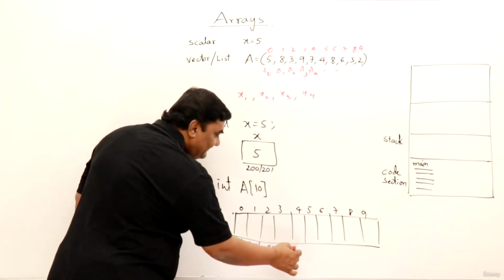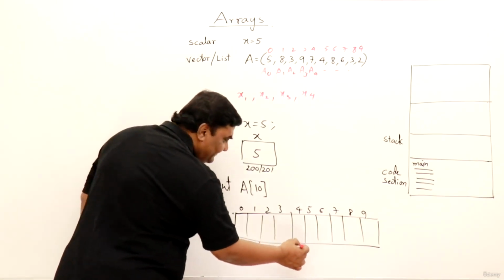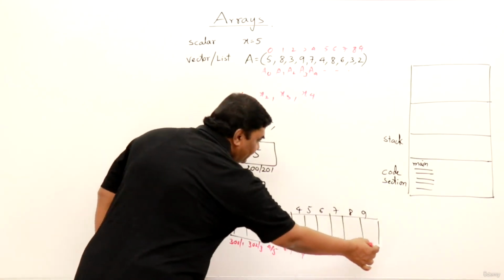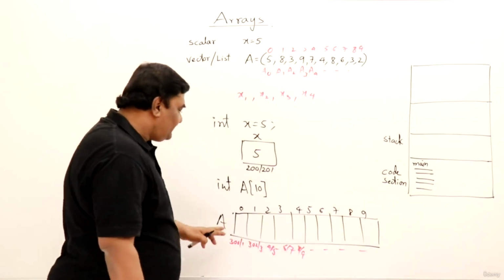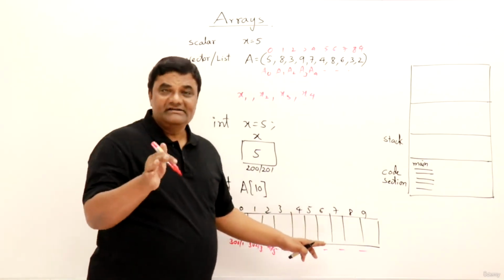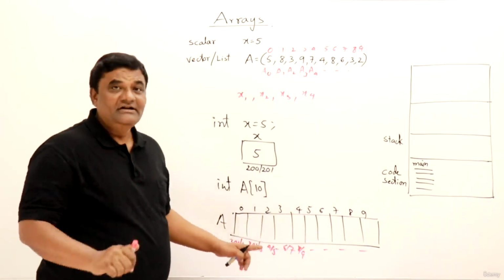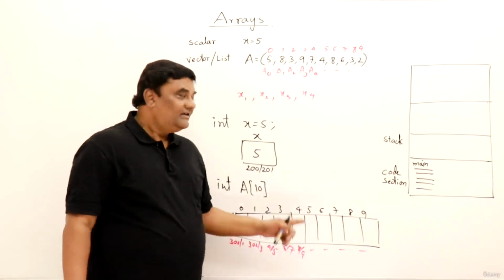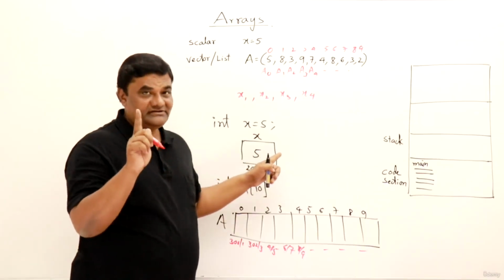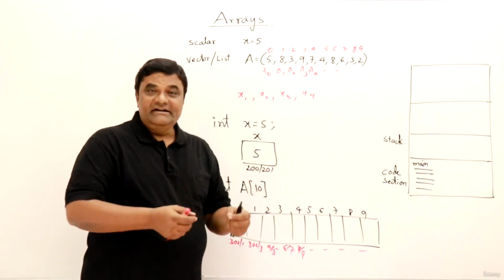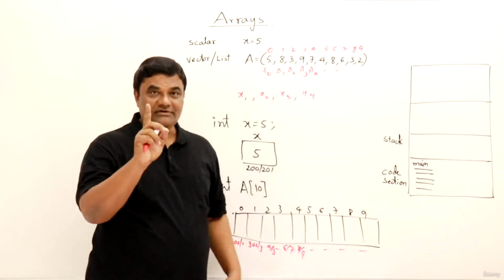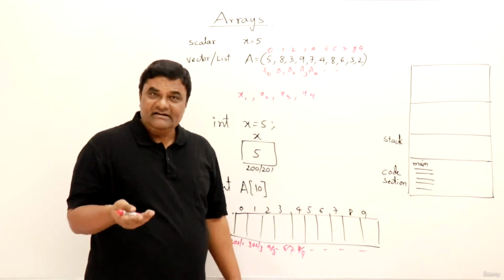And this is 306 and 307. 308 and 309 goes on. So in total how many bytes is it consuming? In total it will consume 20 bytes: 10 integers, 2 bytes each. Total 20 bytes of memory. This was just 2 bytes because that was just a single integer. This is how I can create 10 variables with one name. So we say it's an array.